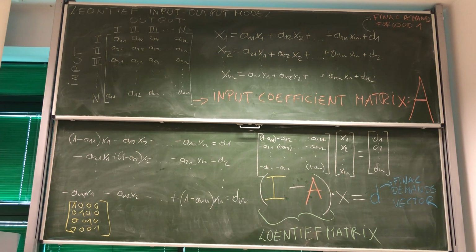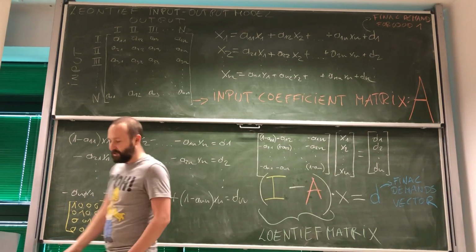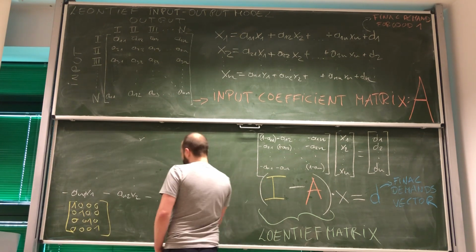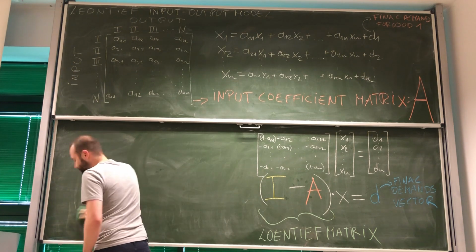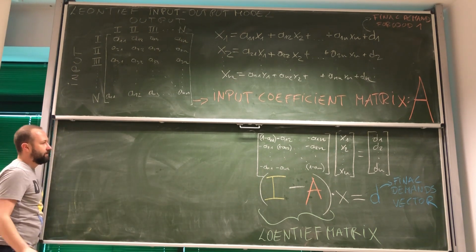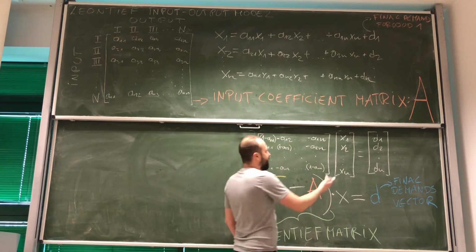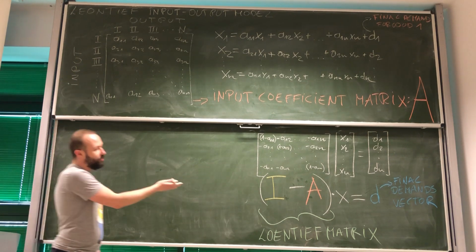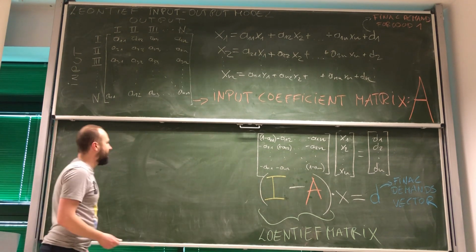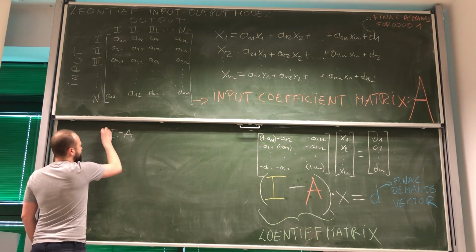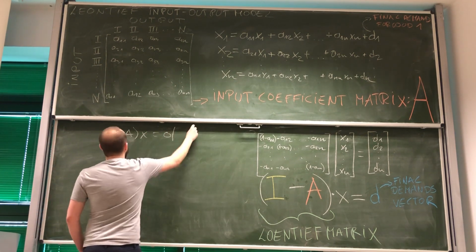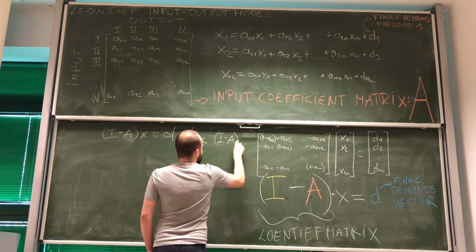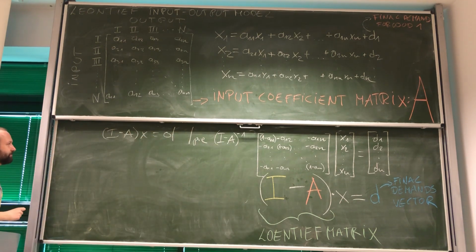Now, if we have everything in this form, it is relatively easy for us to find the values in the vector of levels of production. How would we do it? All we need to do is solve this equation. I take this equation and pre-multiply by the inverted Leontief matrix.